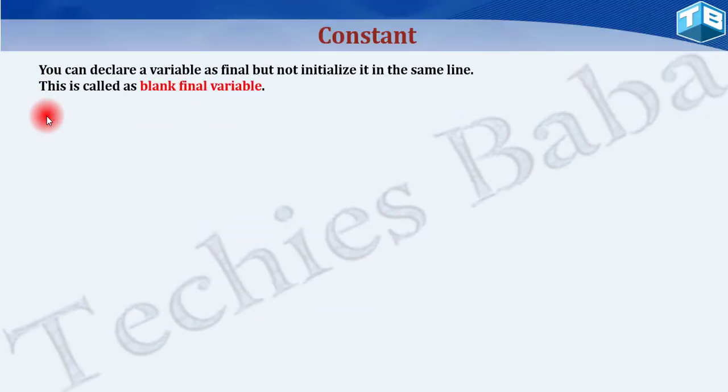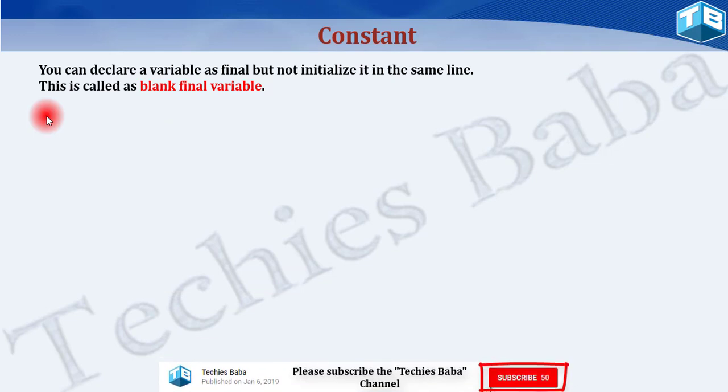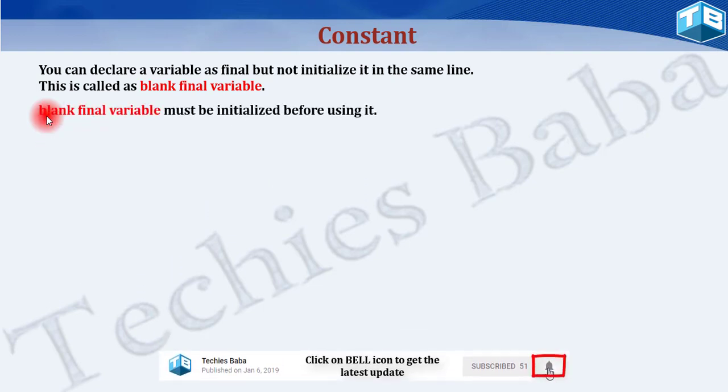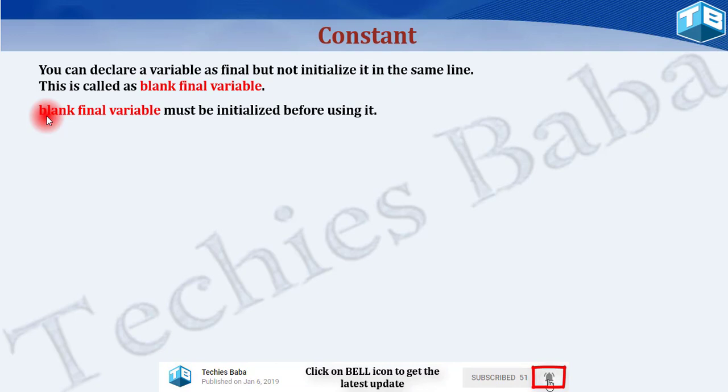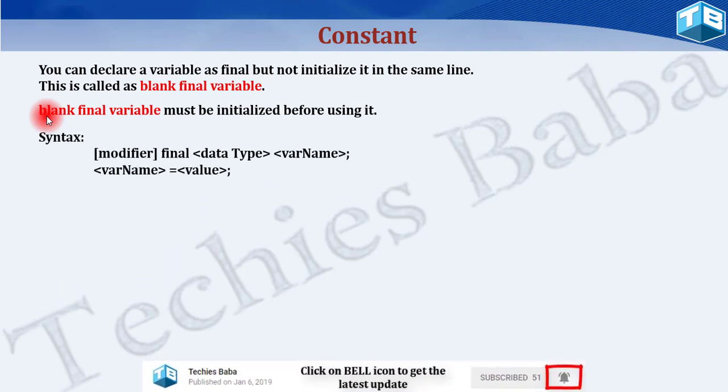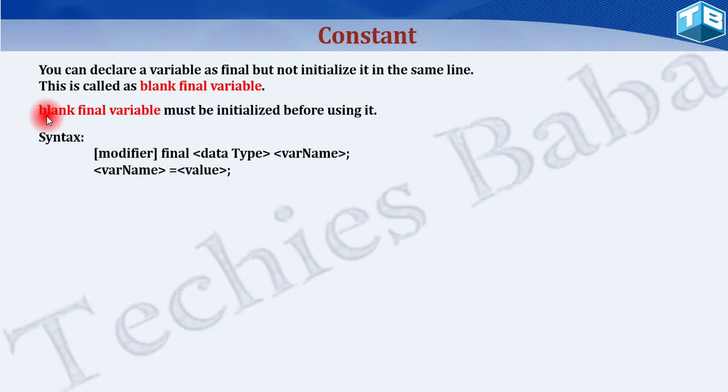You can declare a variable as final but not initialize it in the same statement. That is called a blank final variable. And a blank final variable must be initialized before using it. This is how you need to define the blank final variable, and somewhere you have to initialize it. It is not mandatory that it be on the next line, but before using it.